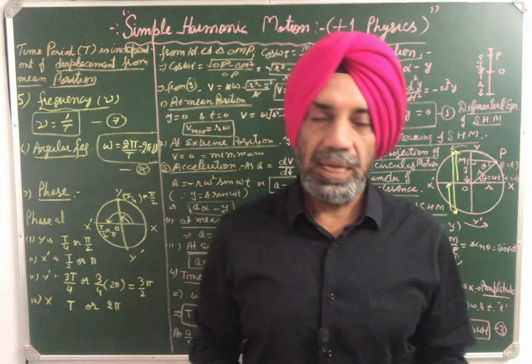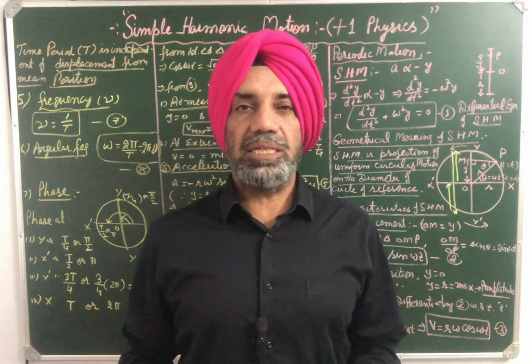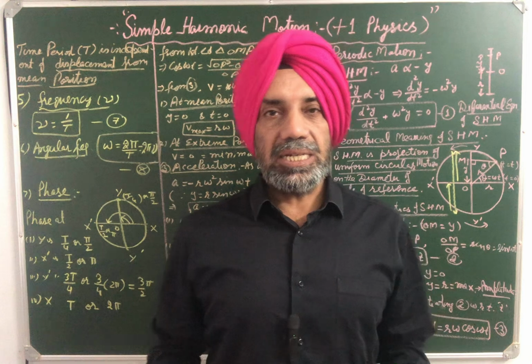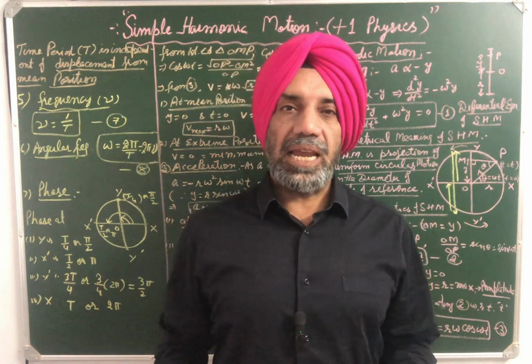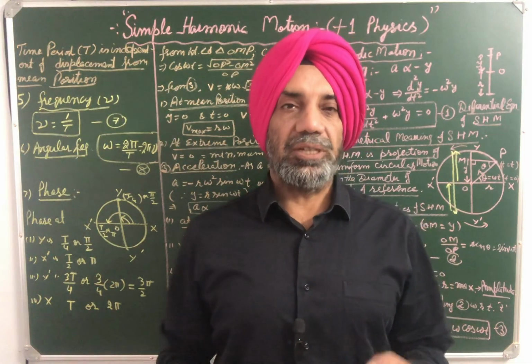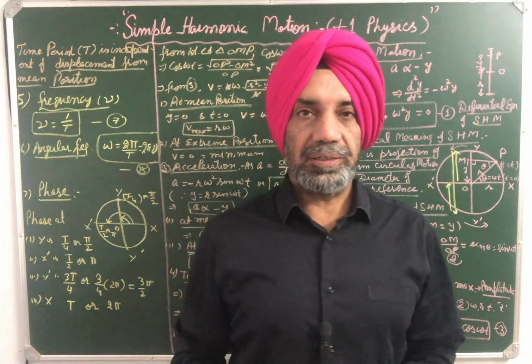In other words, a particle or a body is said to be executing simple harmonic motion if its acceleration is directly proportional to its displacement from the mean position and it is directed towards the mean position.